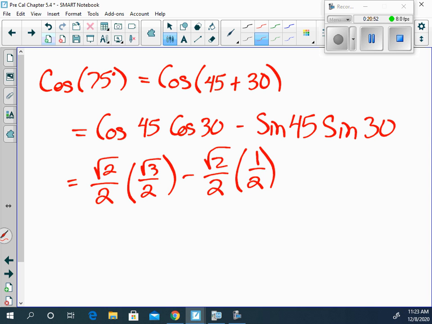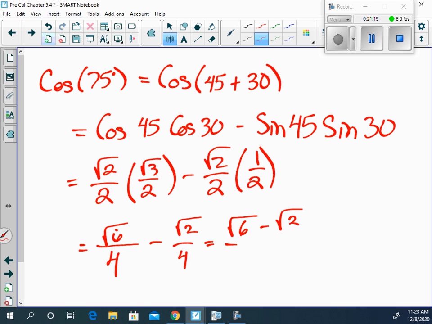Well, I've gotten it down that if cosine of 30 is square root 3 over 2, sine of 30 is going to be 1/2. They go together. Here in the denominator, 2 times 2 is 4. Square root of 2 times square root of 3 would be square root of 6. So we have square root of 6 minus square root of 2 over 4. And that's it.